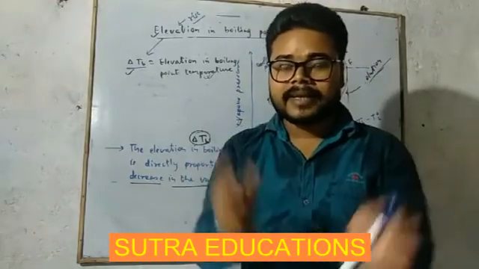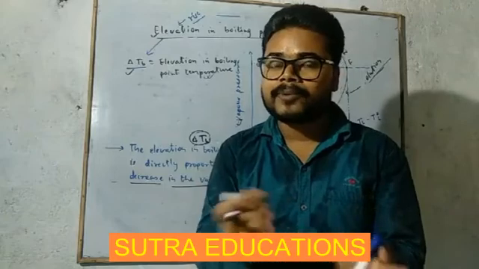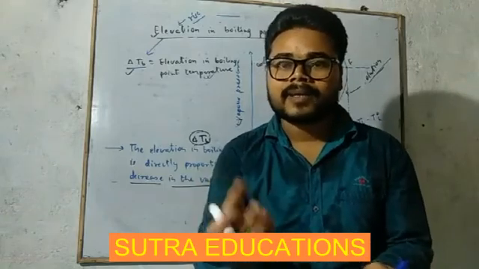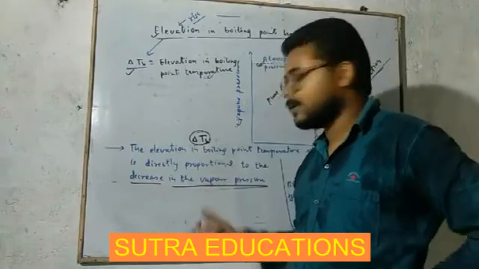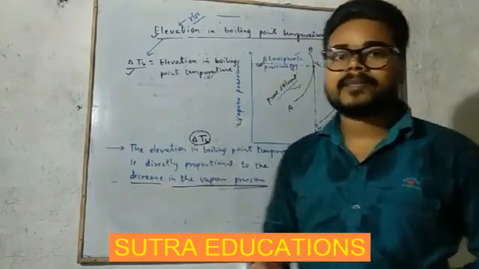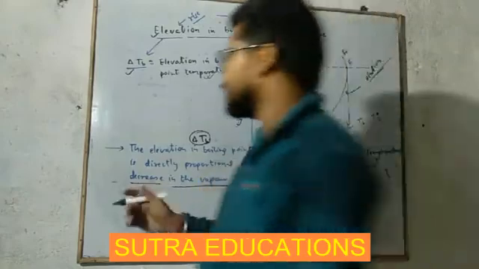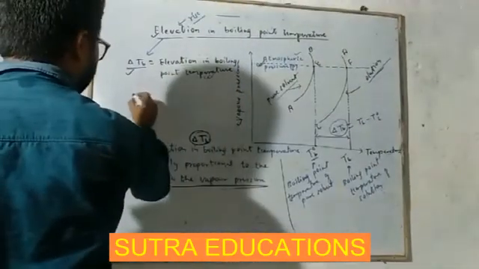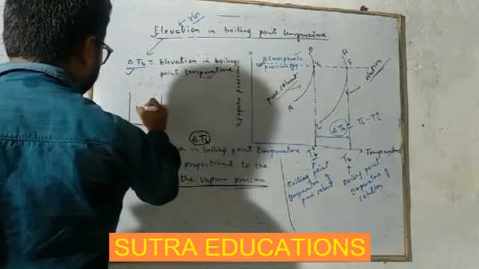How much decrease in vapor pressure is there? We have to provide temperature in accordance with the decrease in the vapor pressure. I am giving you one example, just try to understand. Say this is 1 liter water.